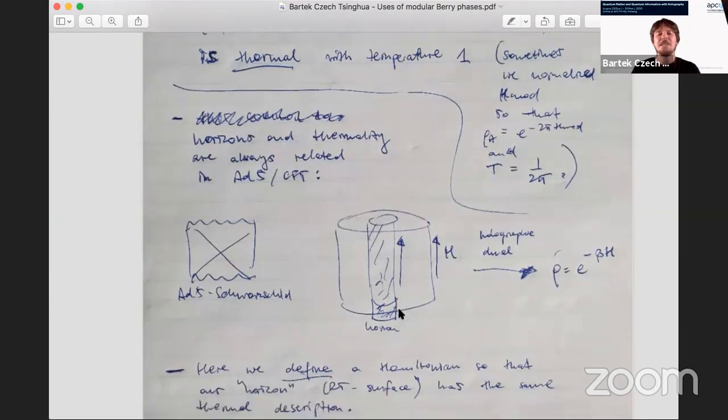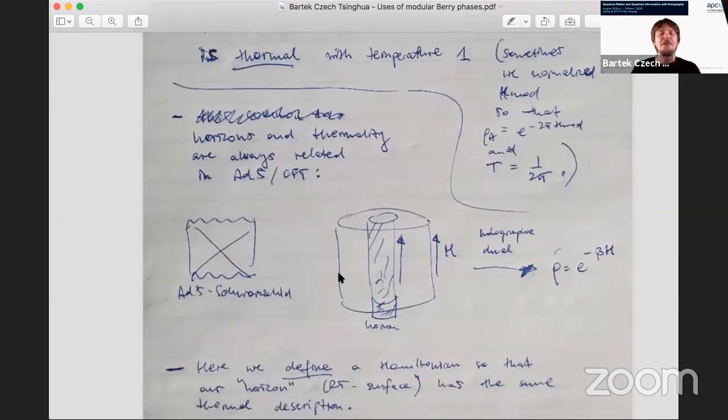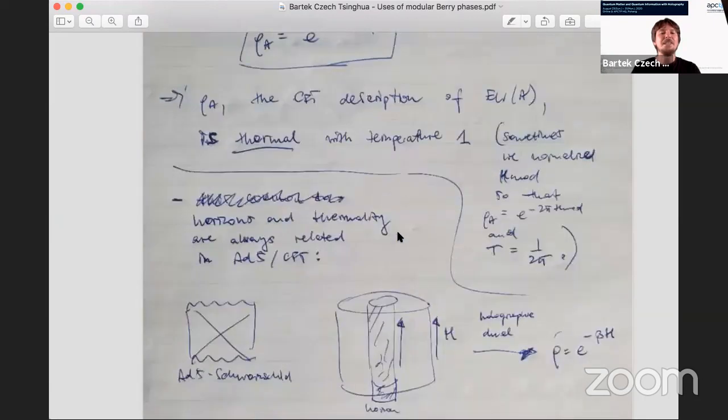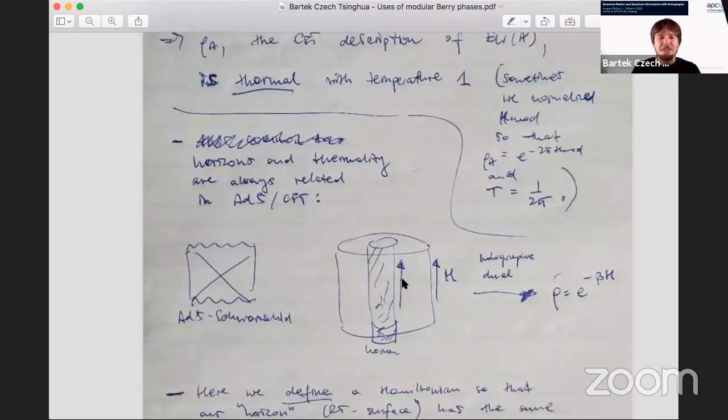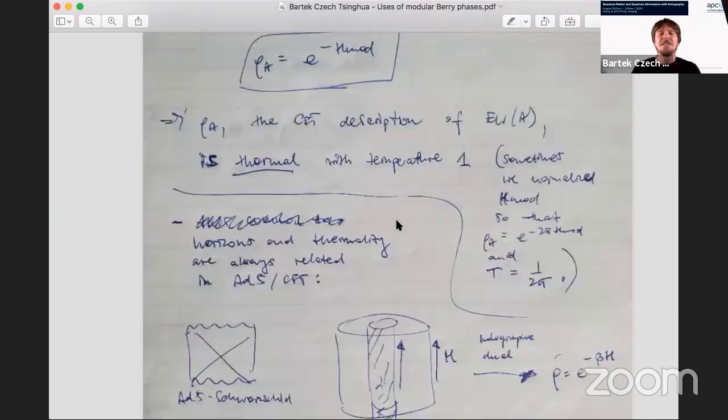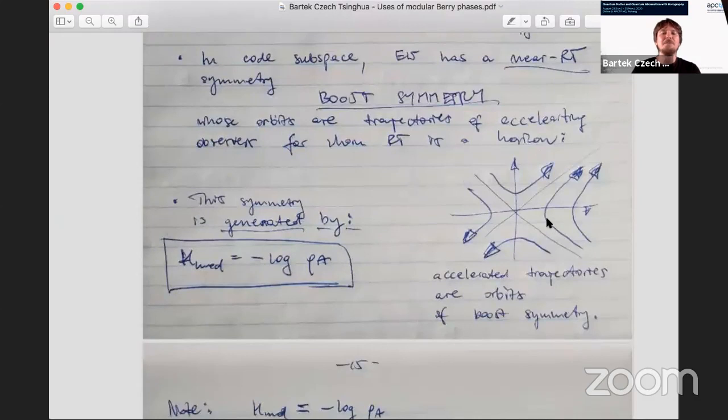And the statement is that the fact that I have a thermal state means that going very straight in the time direction, but staying at an equal radial direction, is really an accelerating trajectory. That acceleration is just like this boost, the trajectory of this accelerating trajectory here is really just like this trajectory of the boost symmetry here.